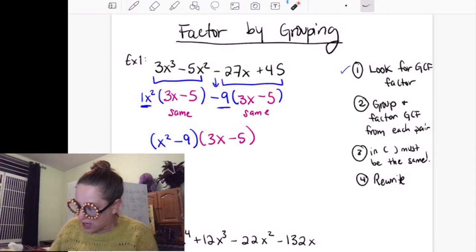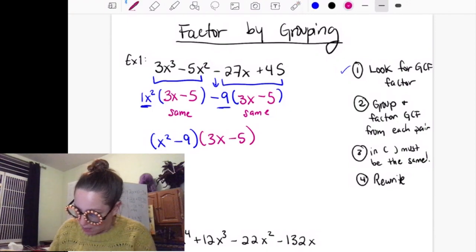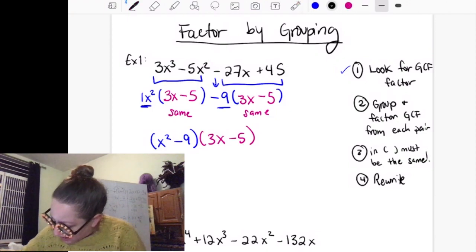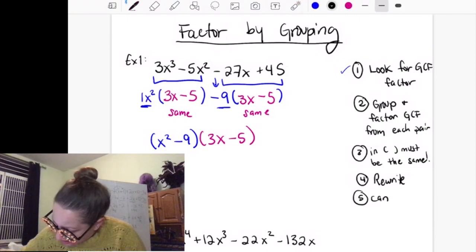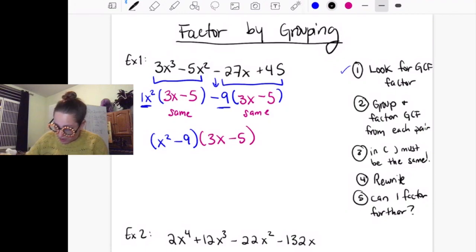So that was my rewrite step, and now I just check to see, can I factor more? So fifth step, can I factor further? If you can, you do it. So hopefully in the video you remembered difference of perfect squares, DOS.